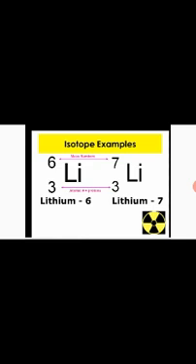But the right side lithium has atomic number 3, meaning 3 protons as well as 3 electrons, and 7 is the atomic mass. Atomic mass is the sum of protons and neutrons, so you subtract 7 minus 3, that is 4. So in the nucleus 4 neutrons and 3 protons are placed.